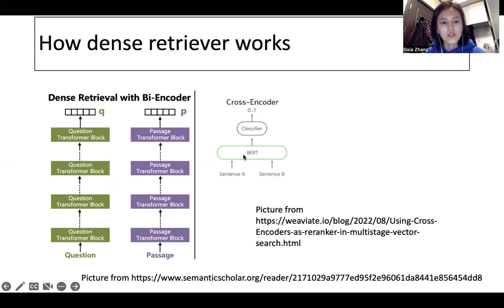The difference is that the cross encoder model doesn't produce vector embeddings for the data, but uses a classification mechanism for data pairs instead, such as two sentences, and outputs a value between 0 and 1 to indicate the similarity between the query and the related passage.